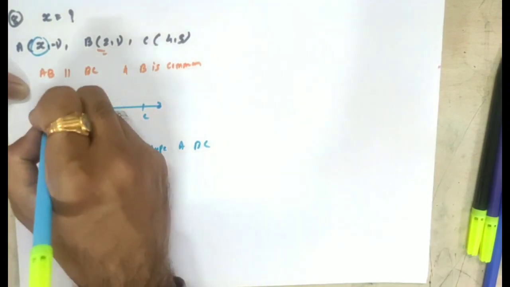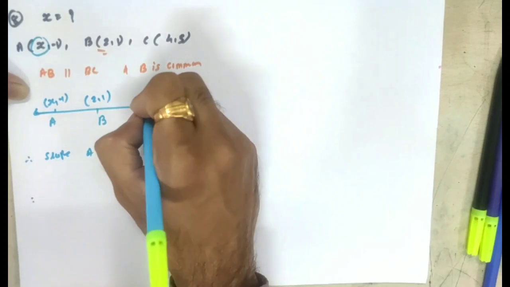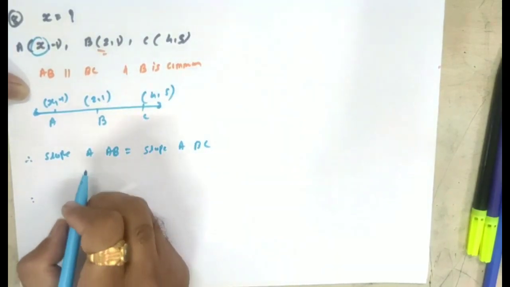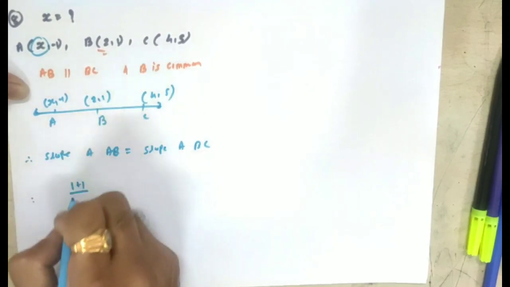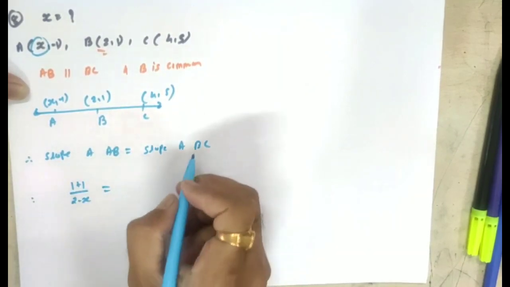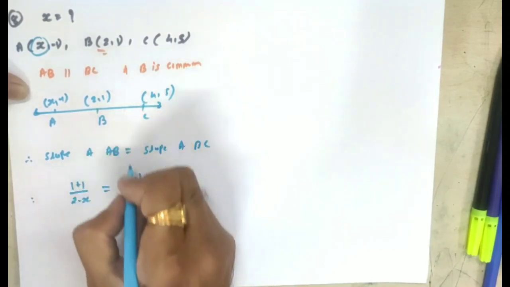So slope of AB: this is our x minus 1, this is 2, 1, and this is 4, 5. So it's 1 minus minus 1, it's 1 plus 1, over 2 minus x. This will be equal to BC: 5 minus 1 upon 4 minus 2.